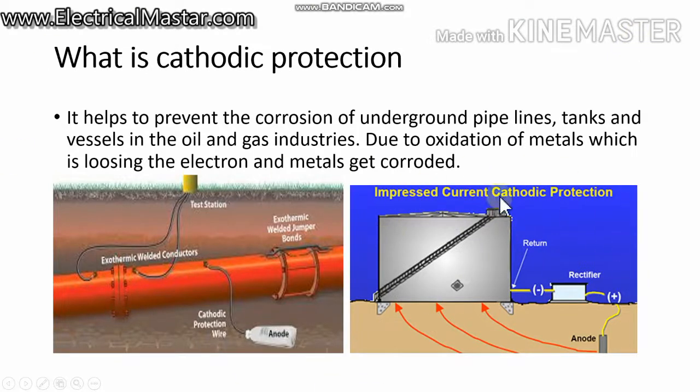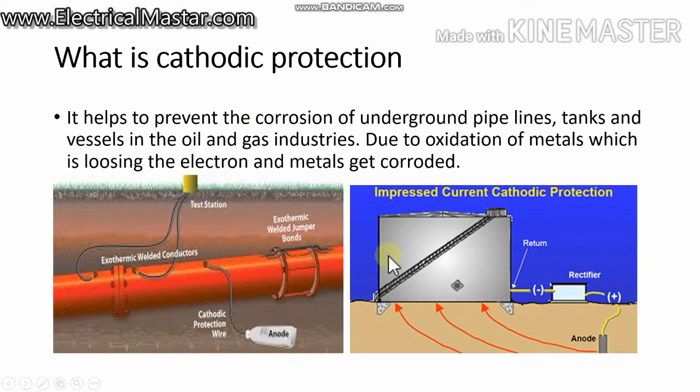The technique for avoiding corrosion is called cathodic protection. Understand, this is the concept. So how can we do cathodic protection to protect any pipeline, tank farm or vessels placed in the underground? That is what we are going to see now.